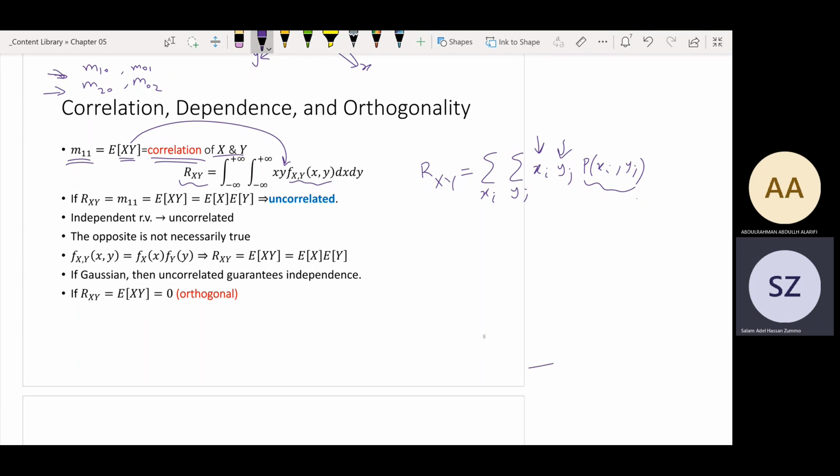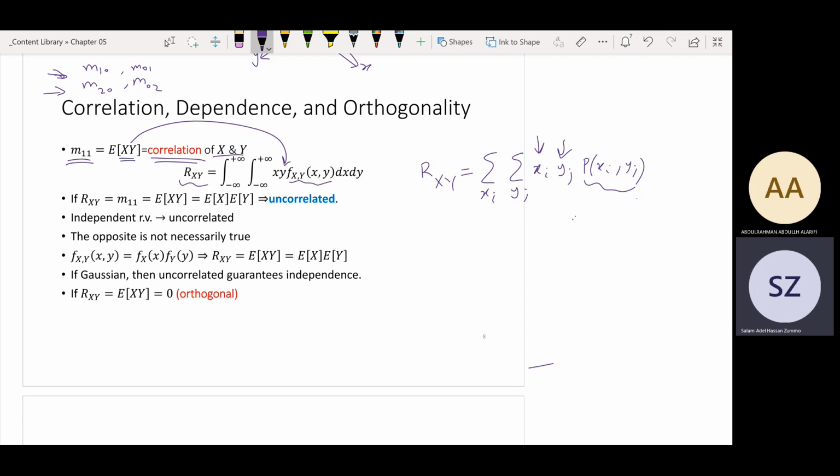If xi is large and yj is large, what do we get here? في الترم هذا ايش حيطلع هنا?